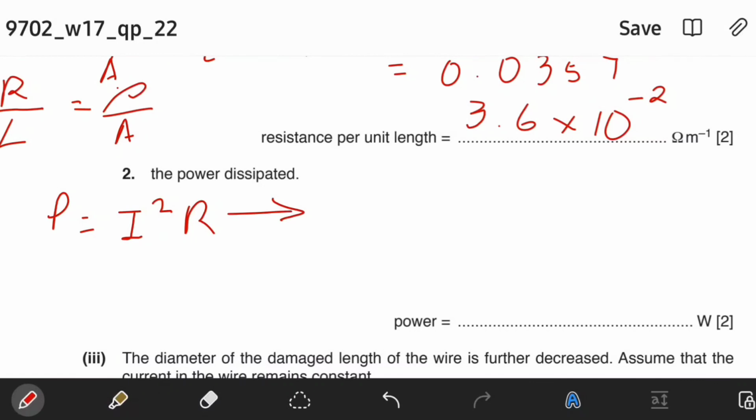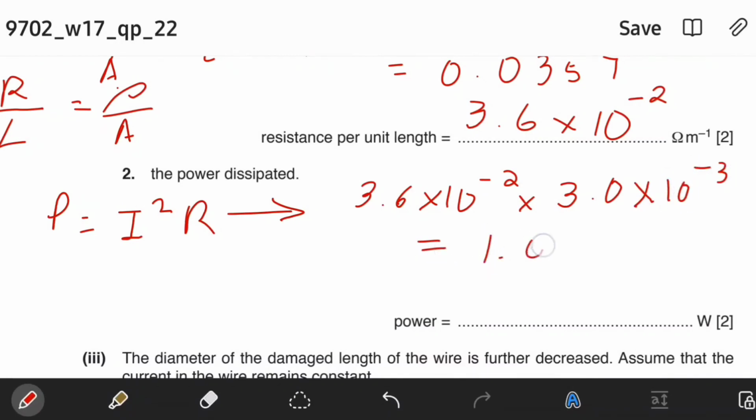Since this is resistance per unit length, you can use 3.6 into 10 to the power minus 2 into the length, which is 3.0. It is in millimeters, so you need to convert it to meters. You can divide it by 1000. So this would give you resistance, which is coming out to be 1.071 into 10 to the power minus 4.